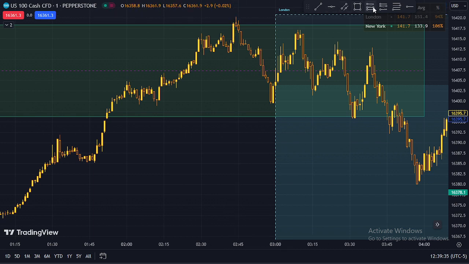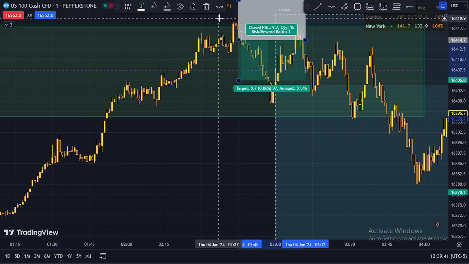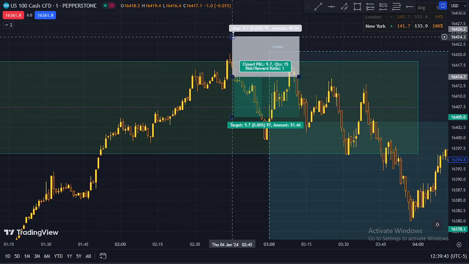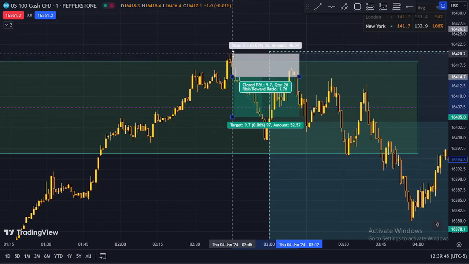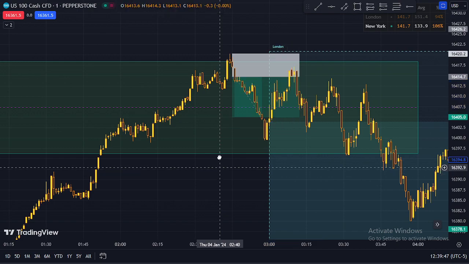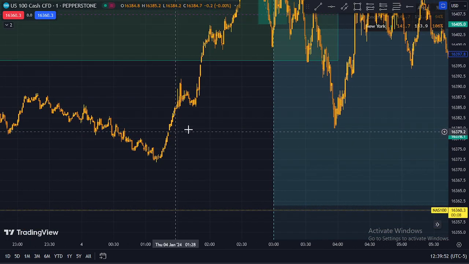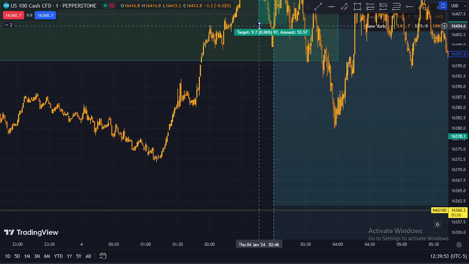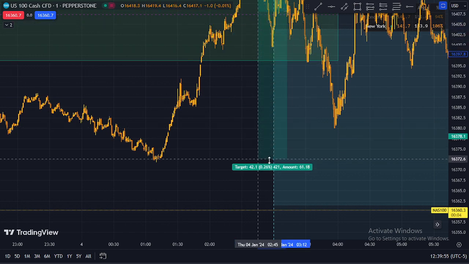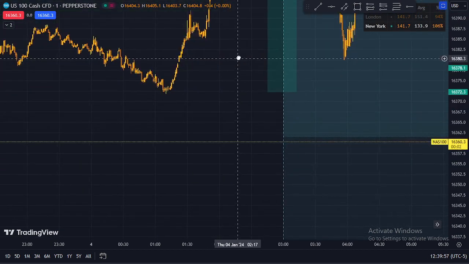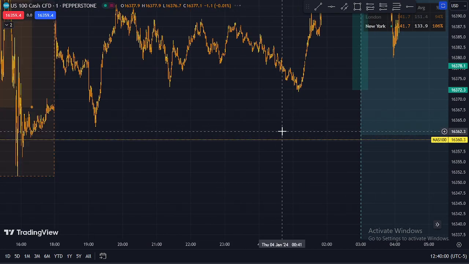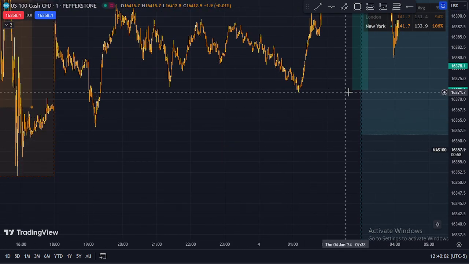So entry short right into the inversion fair value gap, placing your stop right above that high, and then aiming for this low, and eventually we had yesterday's low right here.